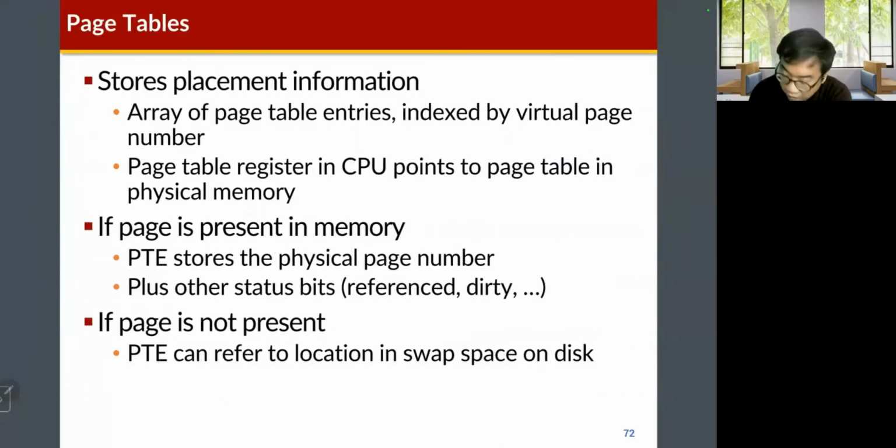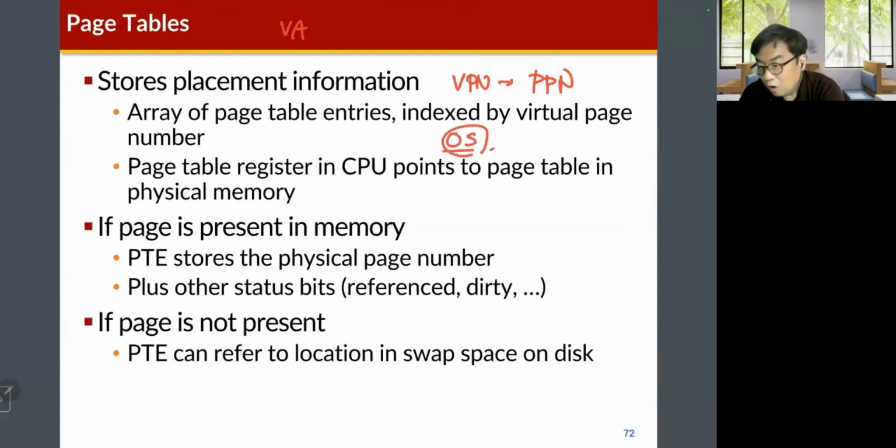Then we need to translate the virtual address, actually the virtual page number, to the physical page number, the VPN to the PPN. How can we manage this mapping information? This mapping information is managed by the operating system, because the operating system knows the current status of the entire computer system.